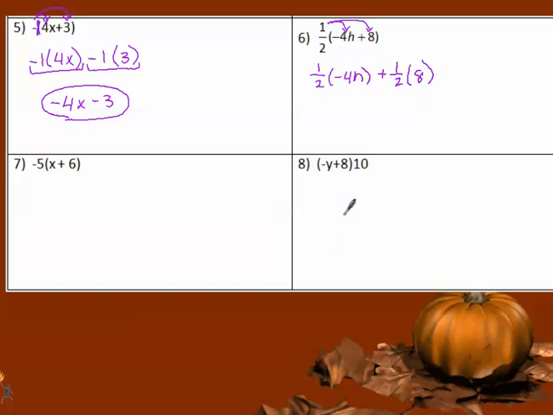Now, look at number 8. Number 8 is backwards. So terrifying. But we can use the commutative property of multiplication to rewrite this. So I'm going to write commutative, so remember.